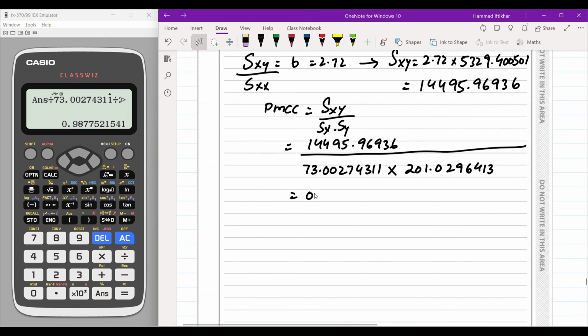That is 0.988, because they said 3 decimal places. Okay, all right.